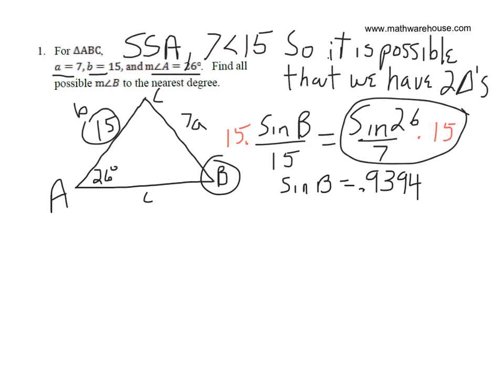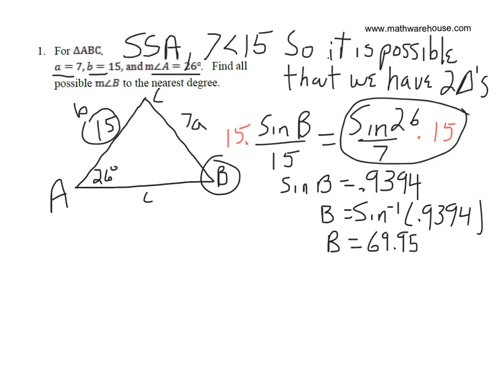Take the inverse sine of both sides. And B comes out to be 69.95 degrees. That's for the acute version of our triangle.